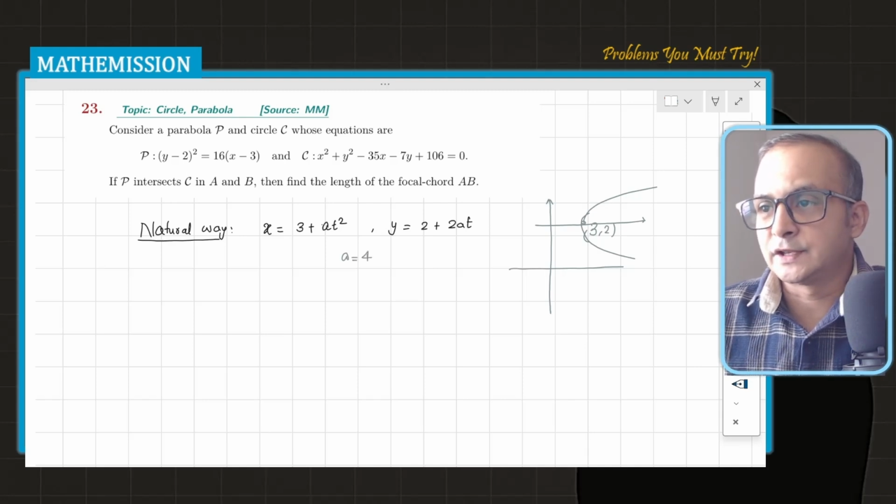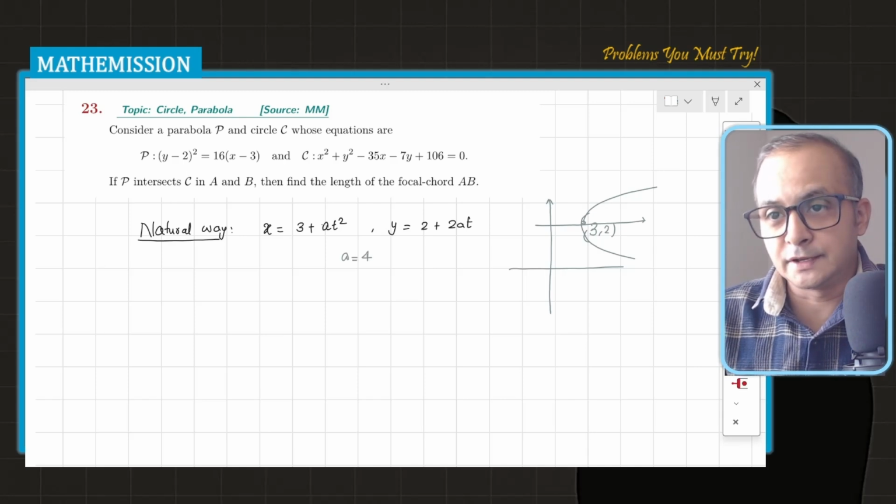So what do we get? The x value is 3 plus 4t square, and the y value is 2 plus 8t.